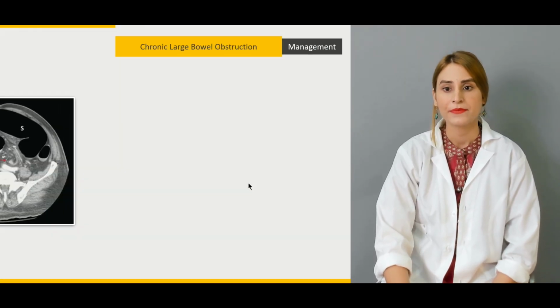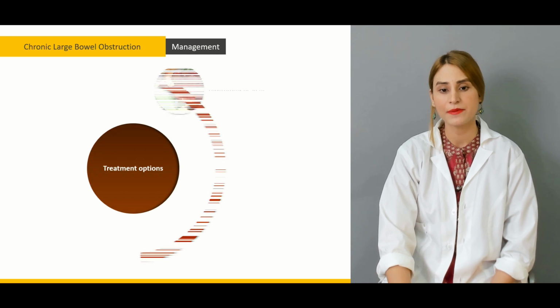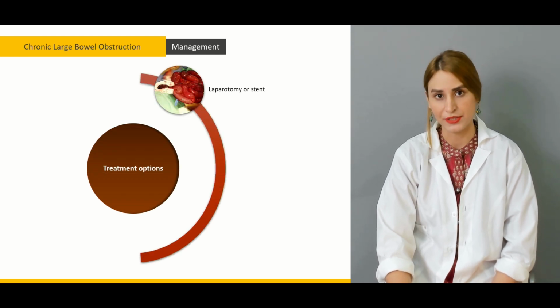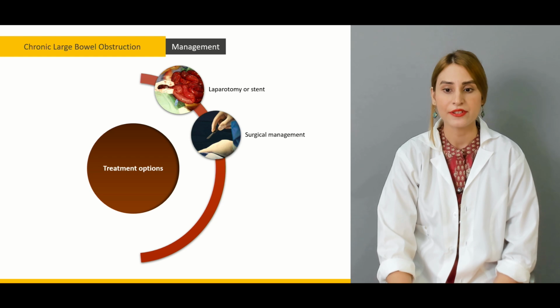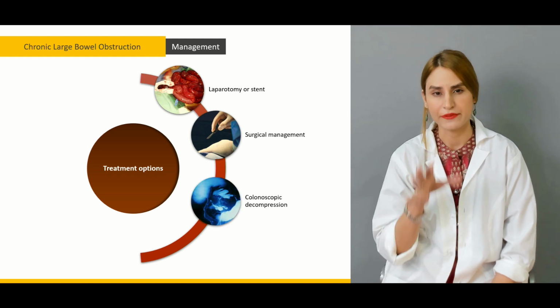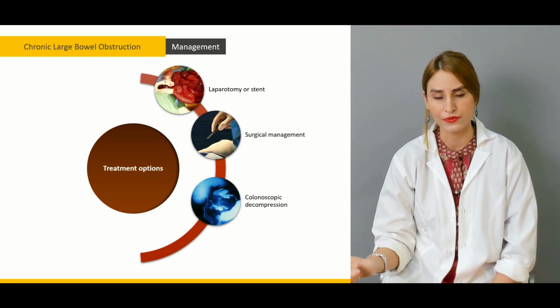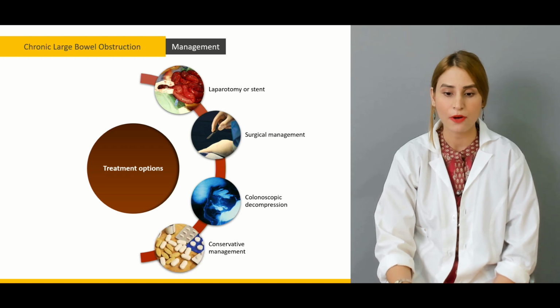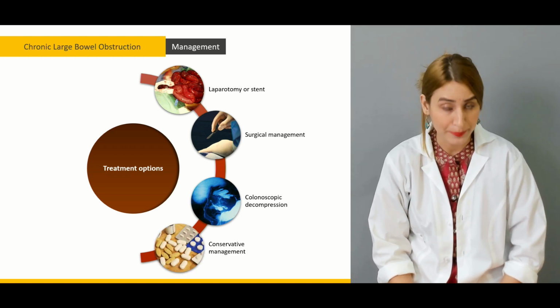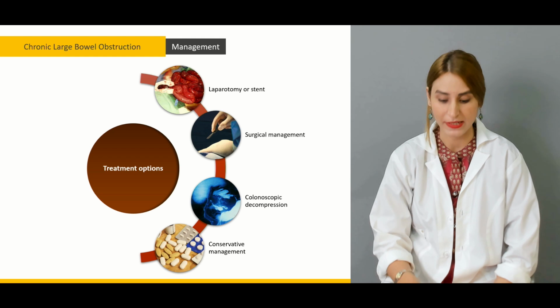So what are the management options? Again, you do the laparotomy or stenting, surgical management like resection and then anastomosis, colonoscopic decompression, or you put the patient on conservative management.